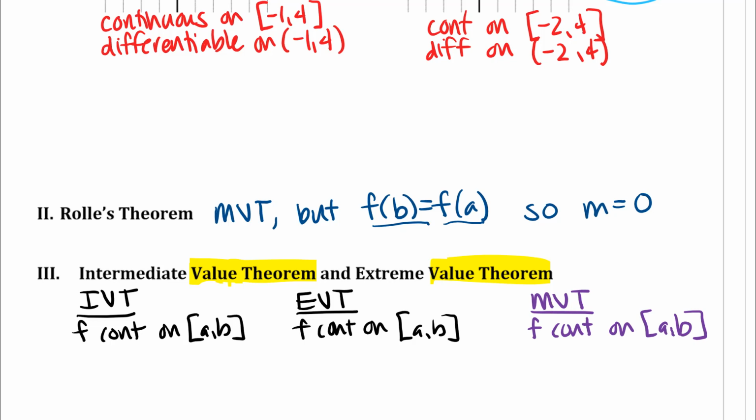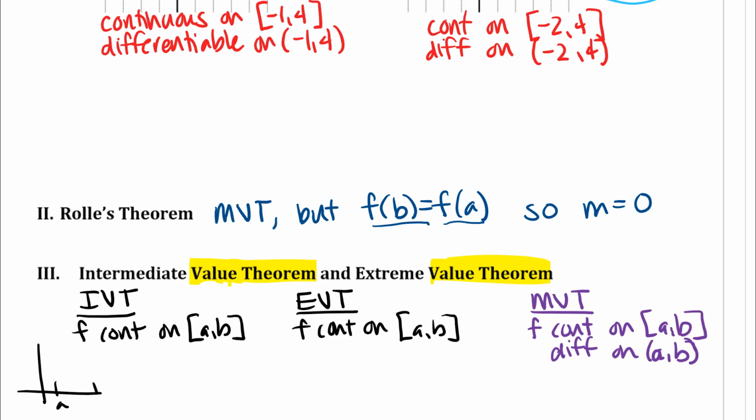But mean value theorem is also about slope, so it also requires that the function f is differentiable on the open interval. The other 2 only require continuity on the closed interval. All right, and then intermediate value theorem is the one that's about the chicken crossing the road, the mnemonic way that we thought about that.